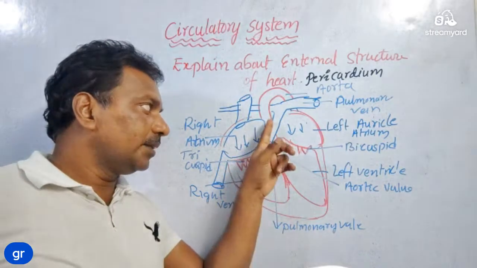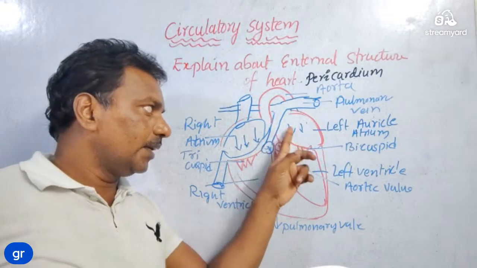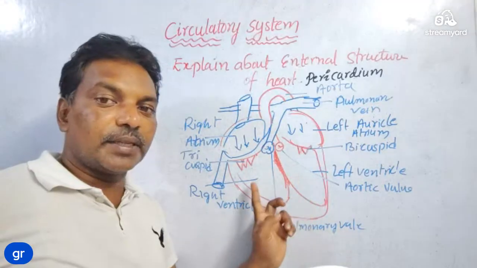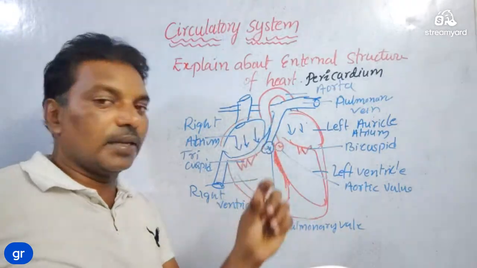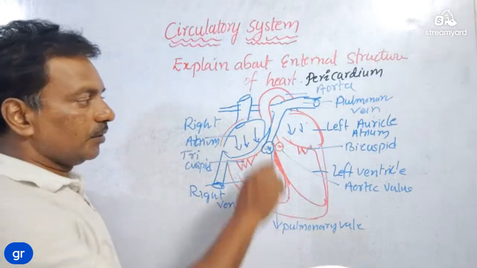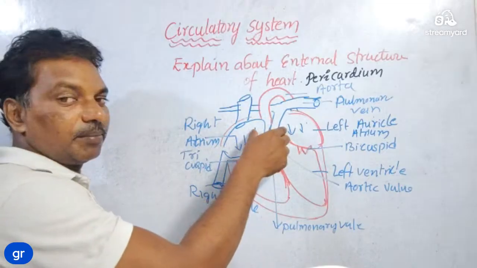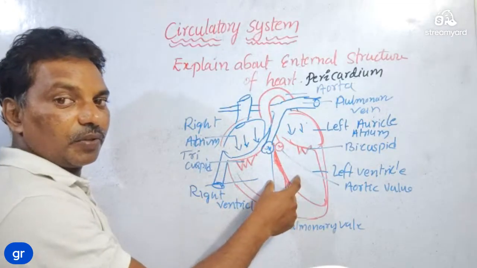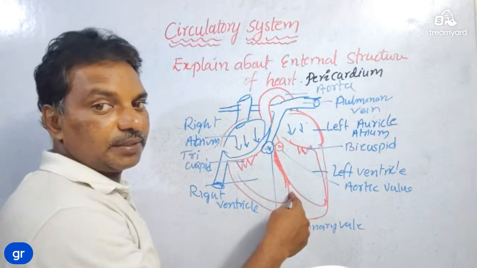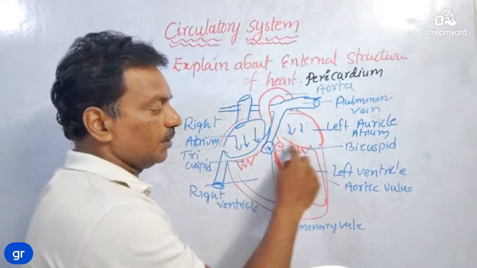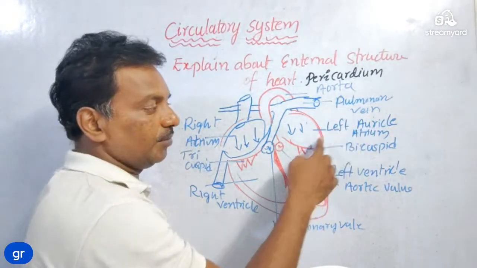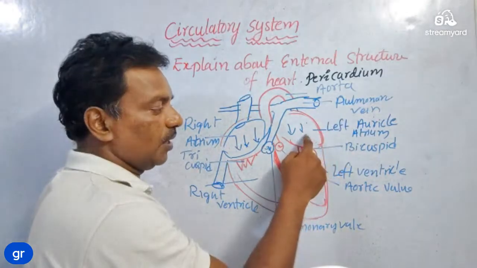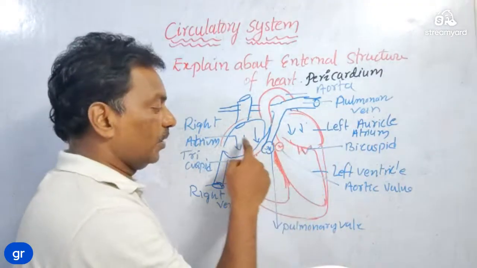This is the interauricular septum. This is the interventricular septum. Inter means between. Then there is the left auriculoventricular septum on the left side and the right auriculoventricular septum on the right side.